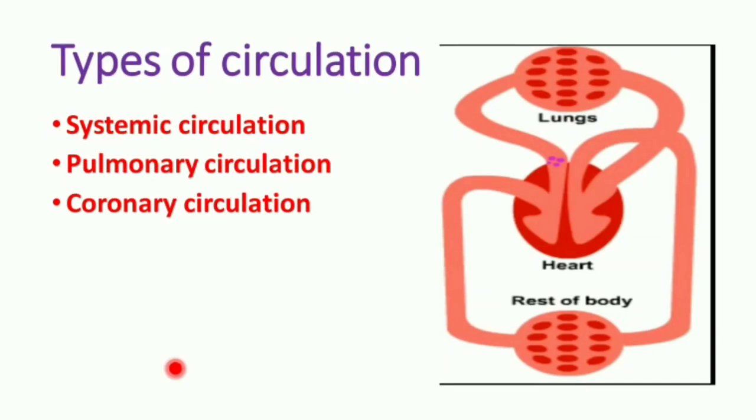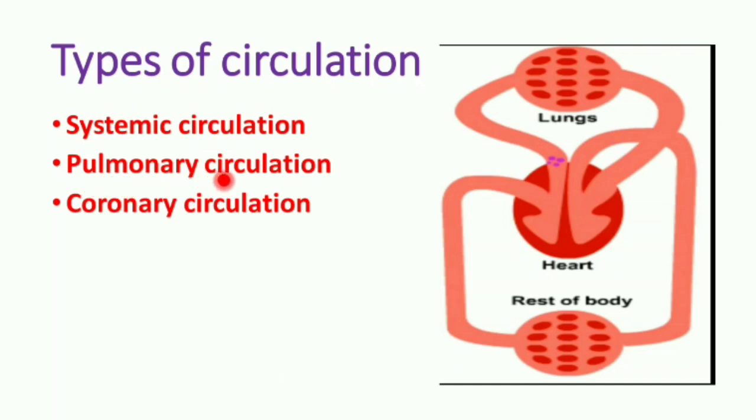Coming to the types of circulation, there are three main types: systemic circulation, pulmonary circulation, and coronary circulation. In systemic circulation, the blood is transported from the heart to the body parts and from the body parts to the heart. So, heart to body parts is known as systemic.